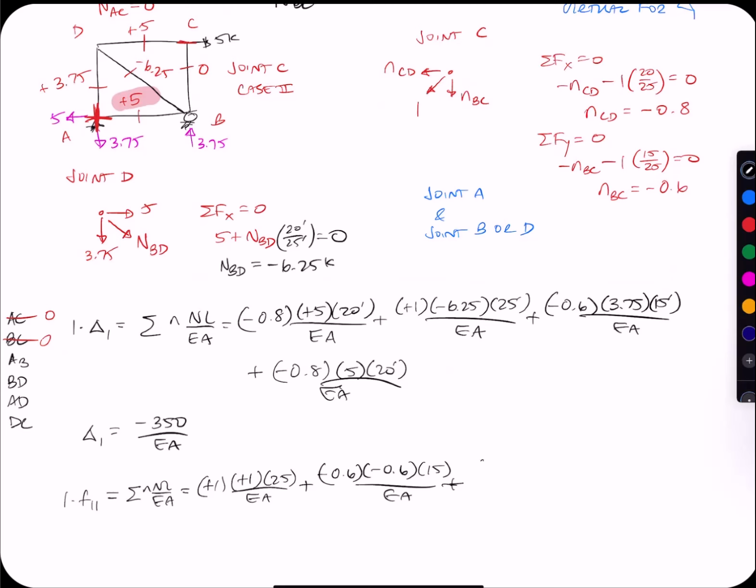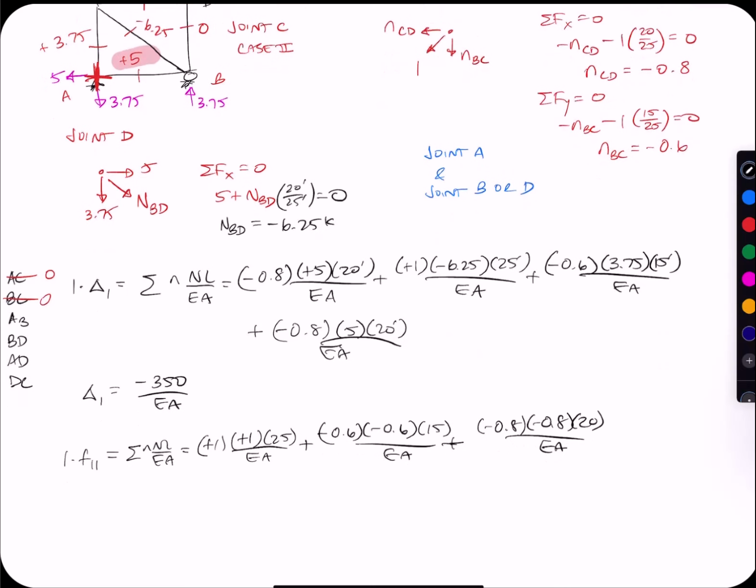AB is -0.8 times 20 over EA, plus BD, the other diagonal, +1, +1, 25 over EA, plus AD, the other vertical, -0.6, -0.6, 15 feet over EA, and the last one, DC, 0.8, it's 20 feet.